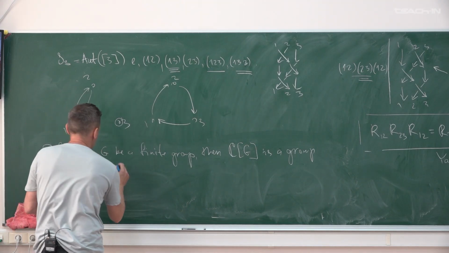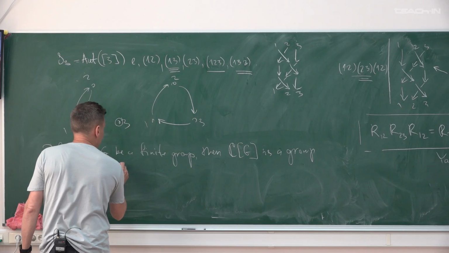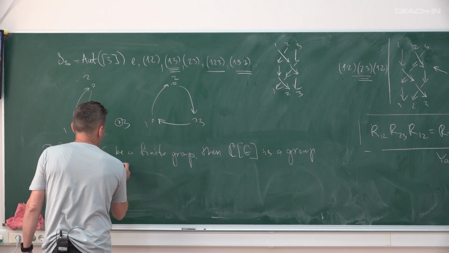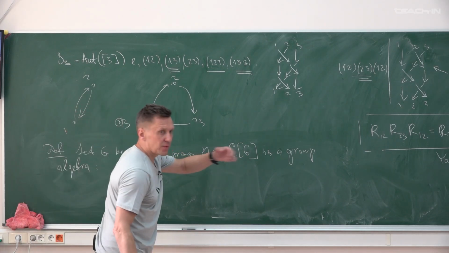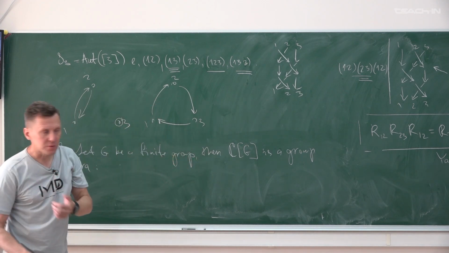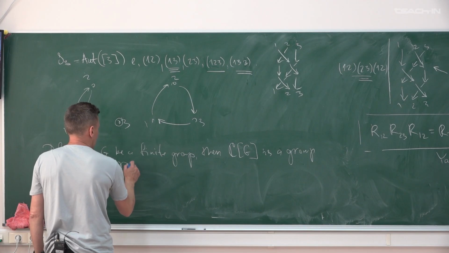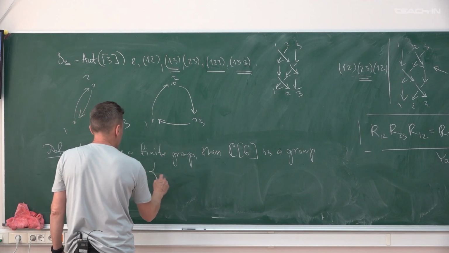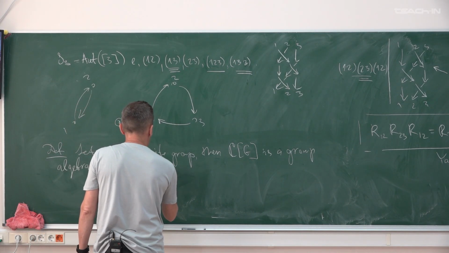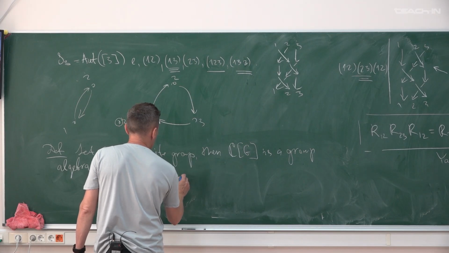It means that it's the set of linear combinations of elements of the group G.